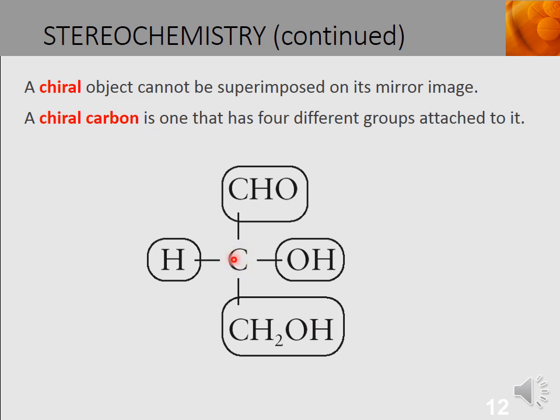Here carbon is attached with a single oxygen, so this alcoholic group gets 3rd priority. And this proton, with atomic number 1, gets 4th priority. These are the 4 different groups attached to the chiral center.